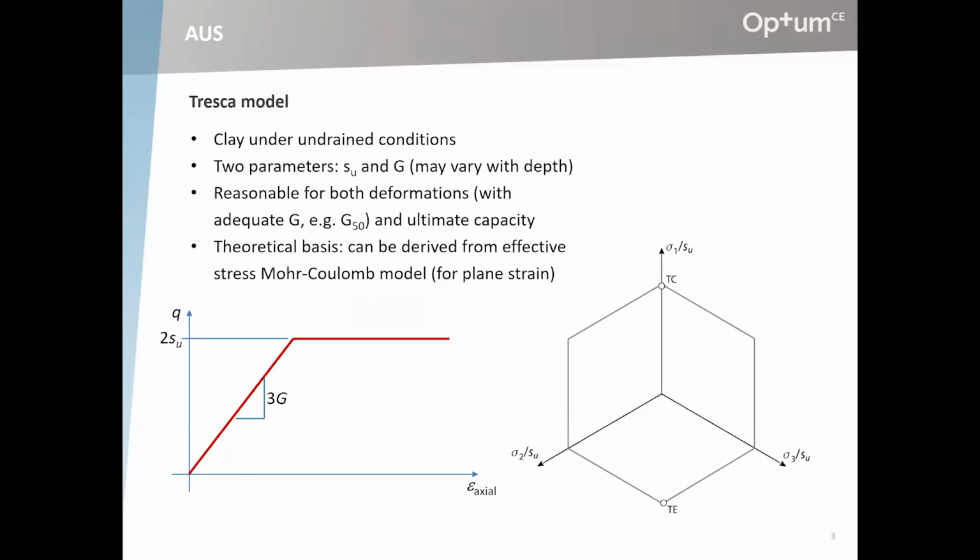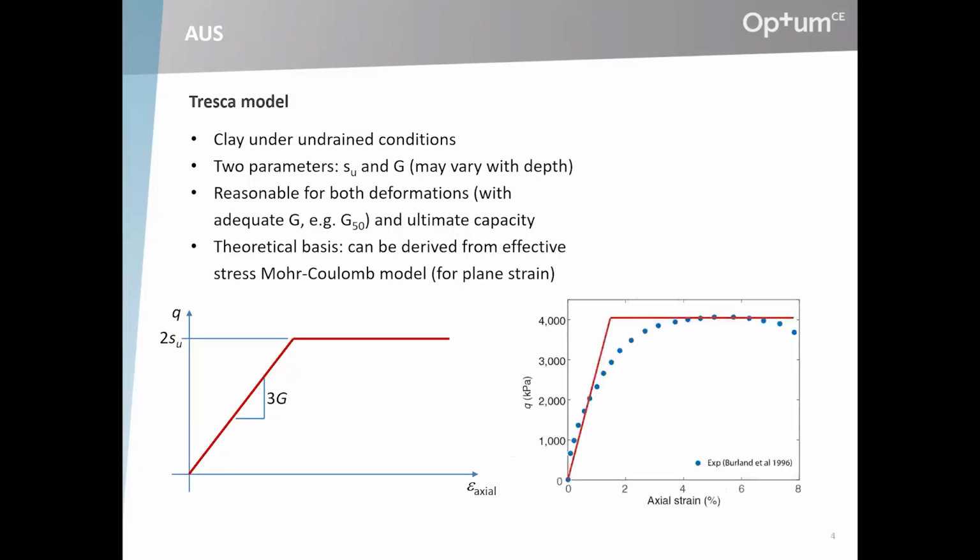And what I mean by the Tresca model is a simple linear elastic perfectly plastic model. So it has two parameters, Su, the undrained shear strength, and then the shear modulus. And it's a fairly crude model, but depending on how exactly you choose the stiffness, it may actually be made to fit typical lab data fairly well. An example is shown here.